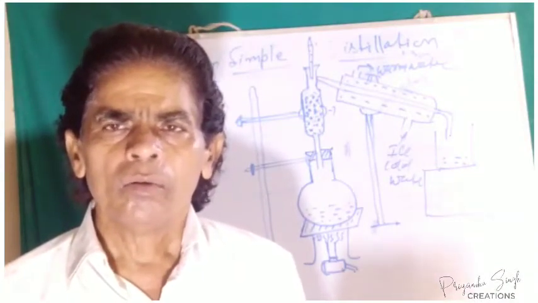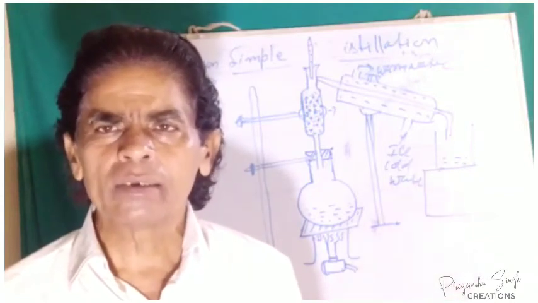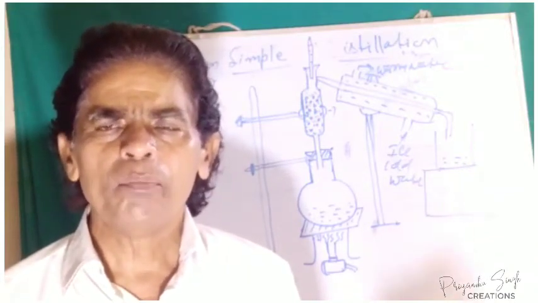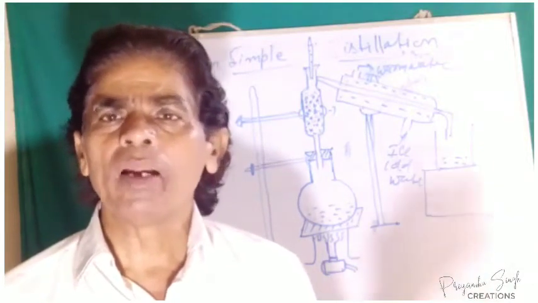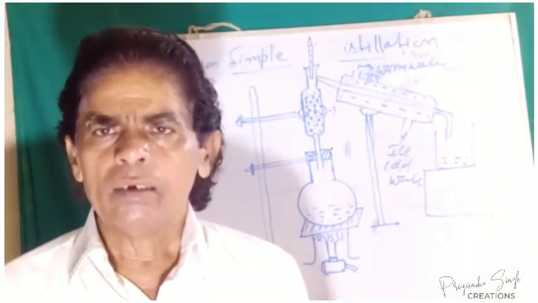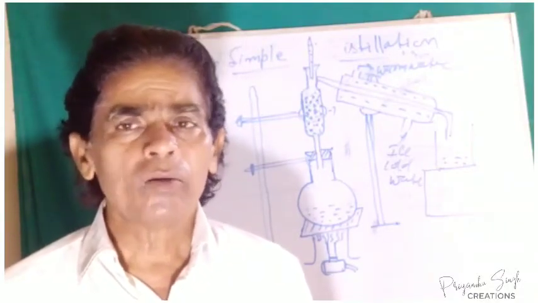Such components are obtained in the form of gaseous components, like LPG: ethane, methane, propane and butane. These are the gaseous components which remain unliquefied.